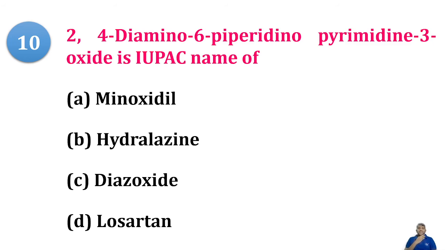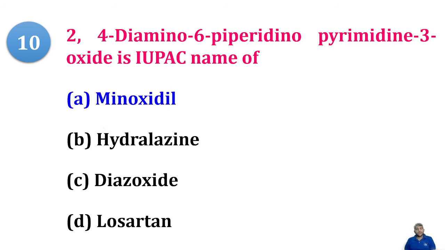Next, we have the 10th question. You just have to identify the IUPAC name. Here we have 2,4-diamino, meaning an amino group at the second and fourth positions. Next, we have 6-piperidine and pyrimidine 3-oxide, so pyrimidine 3-oxide with 2 nitrogens.